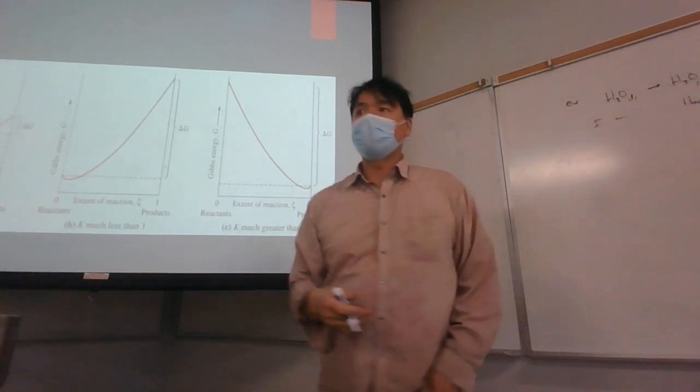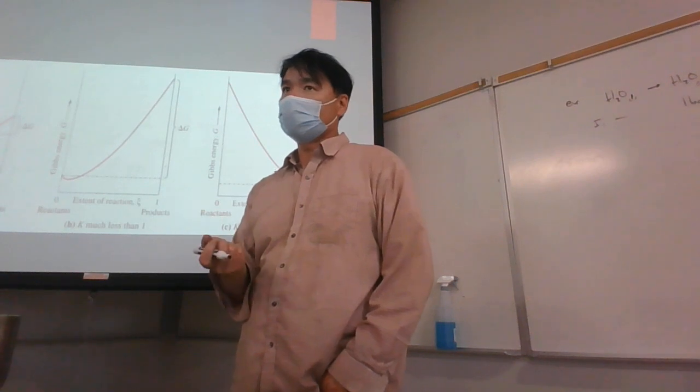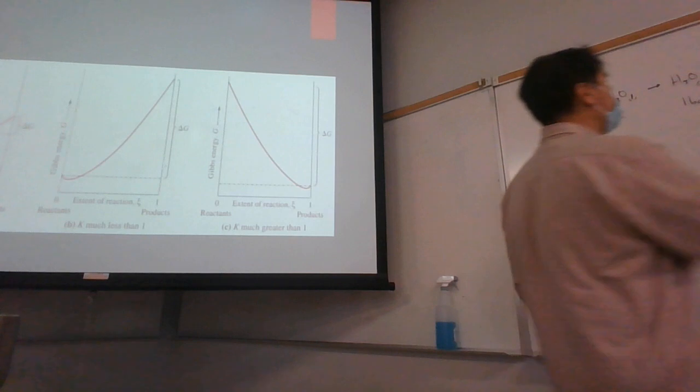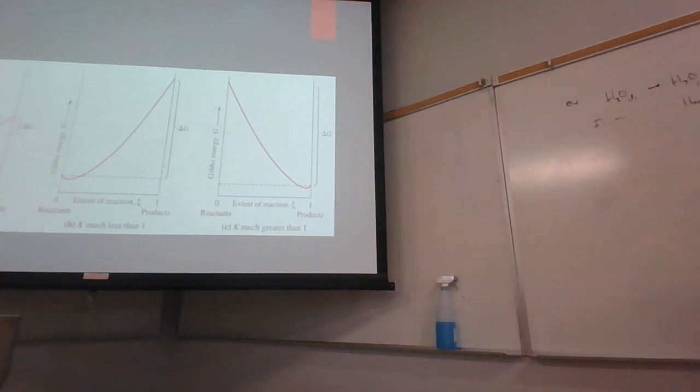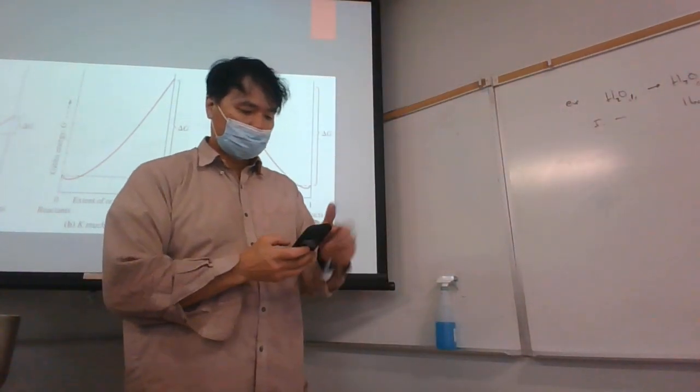Can we sustain 1 bar of gaseous water at 298 Kelvin? No, we can't. And so if delta G naught is 8.5 kilojoules, then what is K for this? Well, K is going to be e to the minus delta G naught over RT. And so if we solve that, we'll get this.